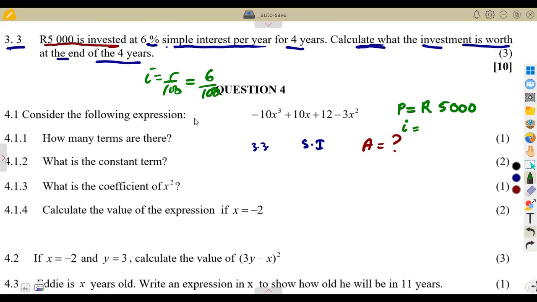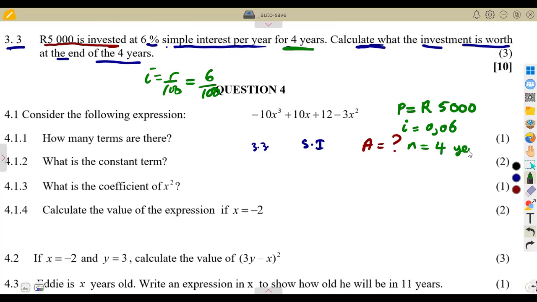That is how you can remove the percentage. On your calculator, that's 0.06, or you can just leave it as 6 over 100. Then the number of years is n. N is the number of years, 4 years.